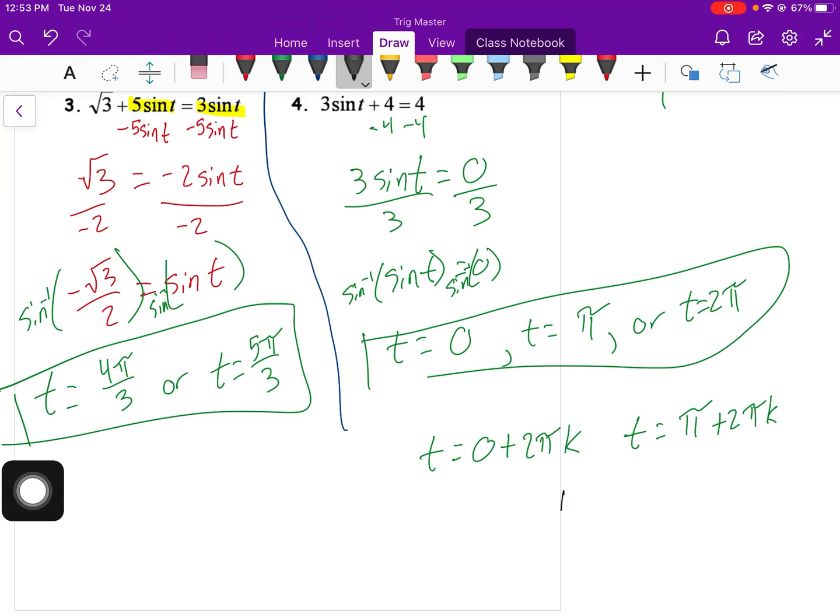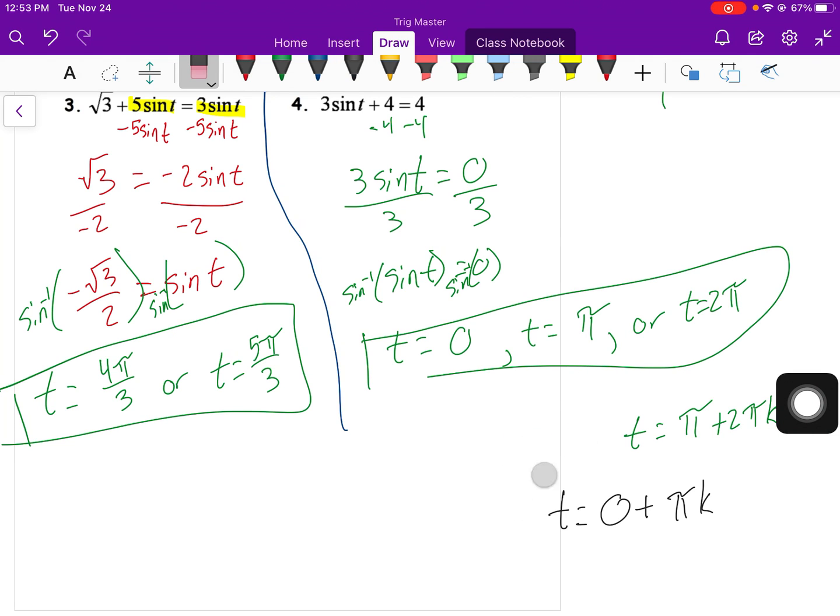If you wanted to be real fancy, you could say in this case t is equal to 0 plus pi k, or just pi k. If k equals 0, you get this. k equals 1, k equals 2, k equals 3, you get back to just pi. But you don't need that for this one because of the restriction.